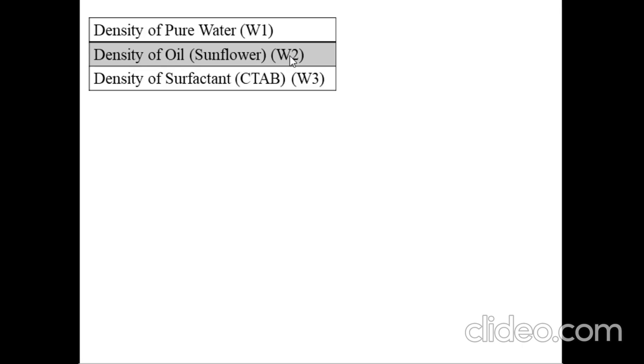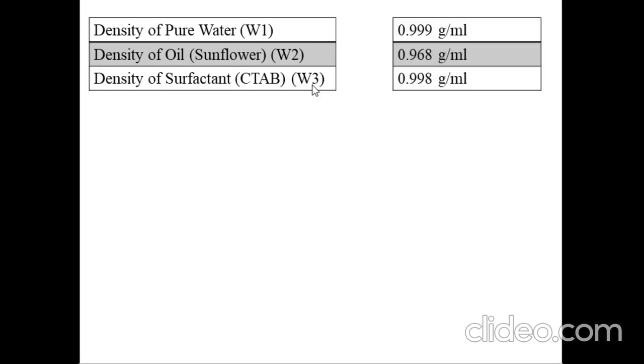So I have taken a specific example of sunflower. And W3 represents the density of surfactant. I have taken a cationic surfactant, the CTAC. Now, as per the literature, the densities of W1, W2 and W3 are given over here.